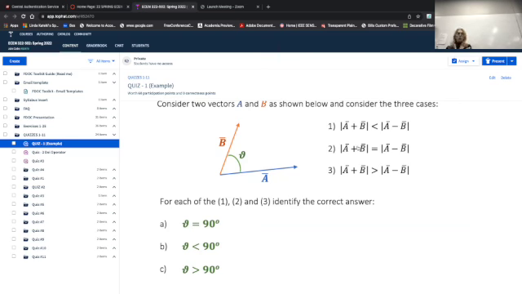Velocity, for example, is a vector. Because if you say my velocity is 2 meters per second, I give you half of the information. The other half is which direction I'm going.